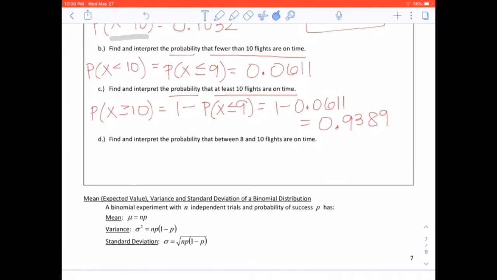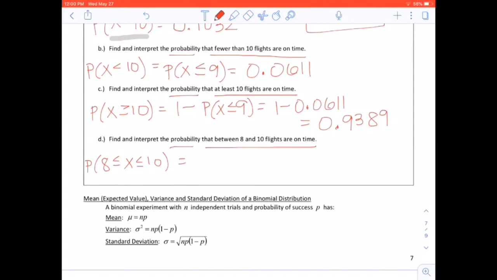Part D says find and interpret the probability that between 8 and 10 flights are on time. So the probability that between 8 and 10 flights are on time. And there's different ways to do this. So what we can do is find the probability of x equals 8 plus x equals 9 plus x equals 10 and add those all up.